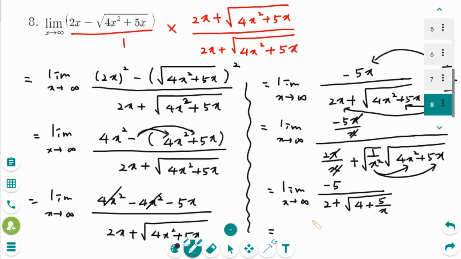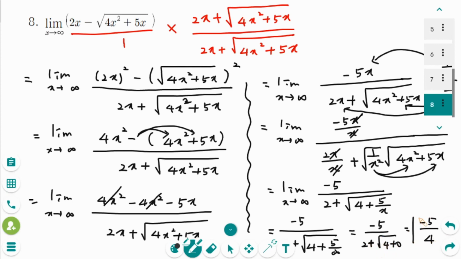Then infinity into x: minus 5 over 2 plus square root of 4 plus 5 over infinity. This is minus 5 over 2 plus square root of 4 plus 0. So minus 5 over 2 plus square root of 4, which is 2. They come together, make 4. So this one is the answer.